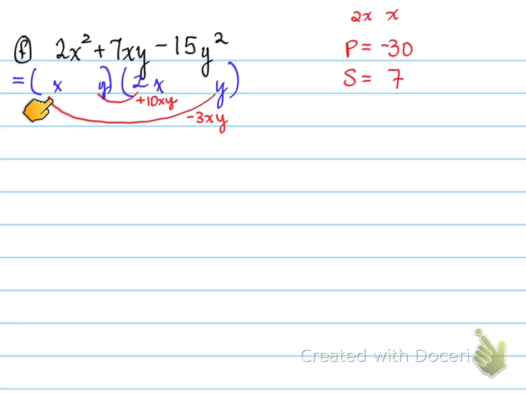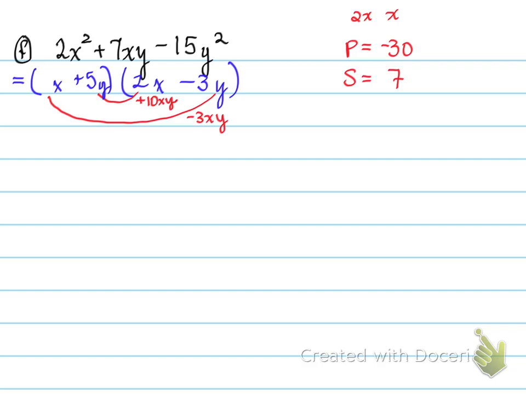We have an x here, so no problem. X times y, something y gives us negative 3xy. Hopefully you're thinking, oh, I got to put my negative 3 here. And again, 2x times y is 2xy, but I want 10xy. So the number that should be up here is plus 5. And there's my factors. Yep, that's right, folks.